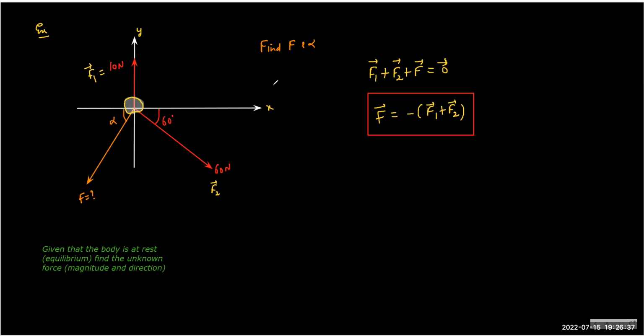Sir, I got the answer as minus 30 I cap minus 20 J cap. But it cannot be a perfect number, no? It should be some decimal, right? I can see clearly it's a decimal.